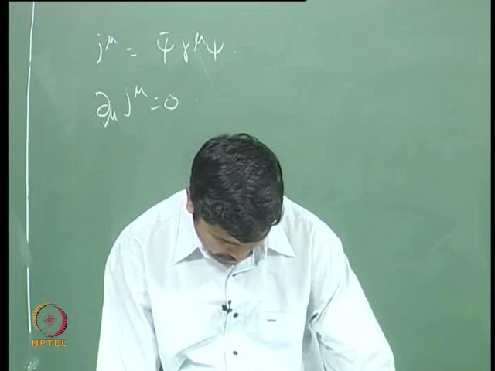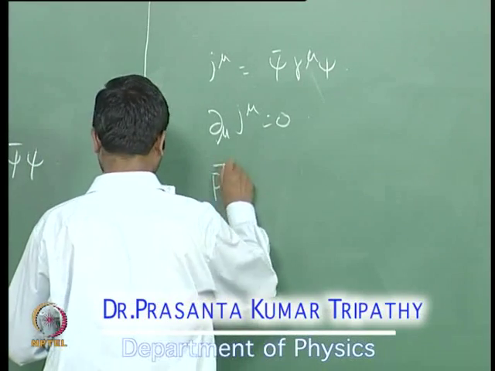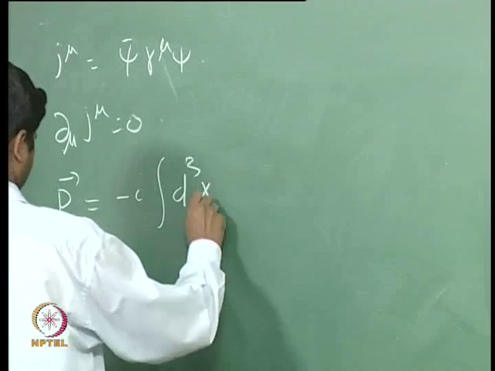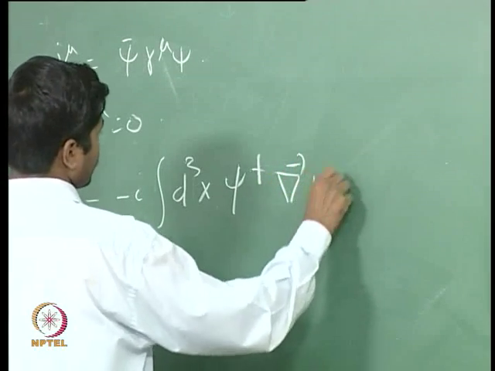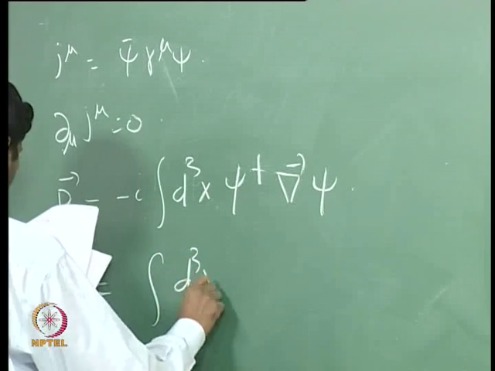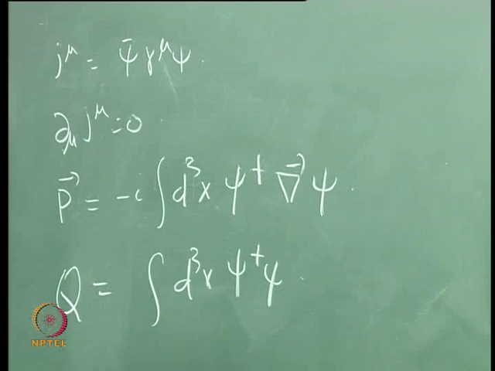You can construct the energy momentum operator, and then you will have the momentum which is given by minus i integral d^3x psi dagger grad psi. The total charge Q will be integral d^3x psi dagger psi and so on. What we will study in the following is, we will consider plane wave solutions to the Dirac equation. So, let us do that.